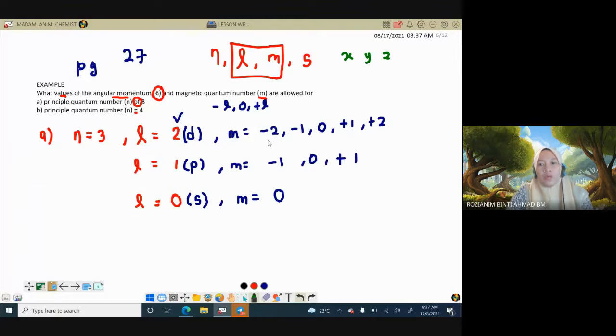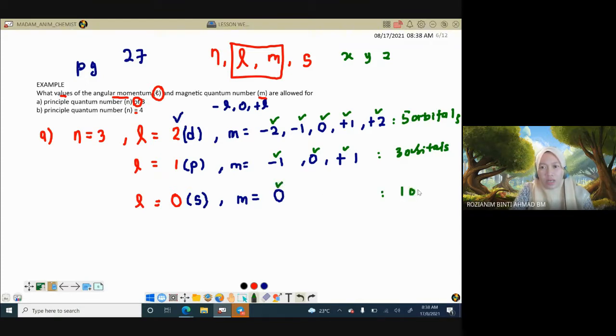So when we calculate for M, if L equal to 2, dia ada 1, 2, 3, 4, 5. So it exists 5 orbital. Okay, and if L equal to 1, it exists 1, 2, 3. So the total of the orbital is 3. Okay, and if L equal to 0, M only 0, so the total orbital is 1 only.